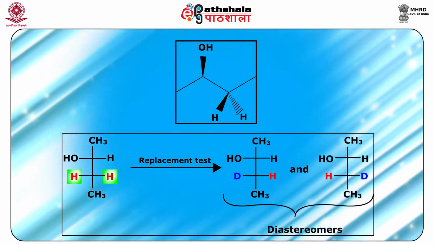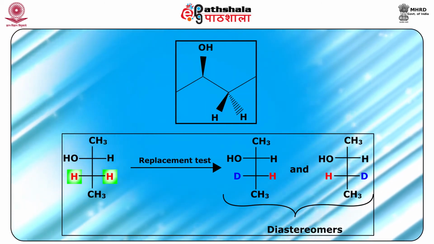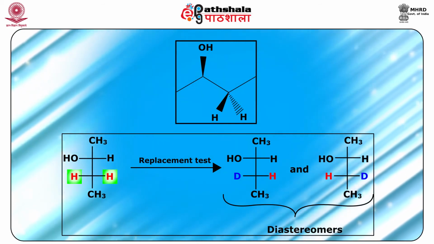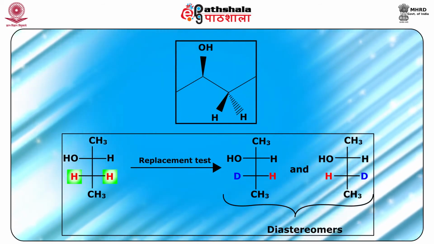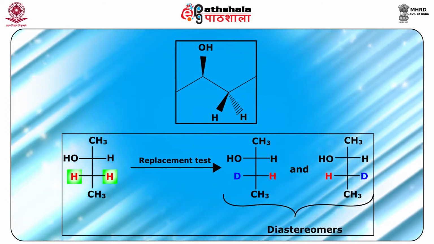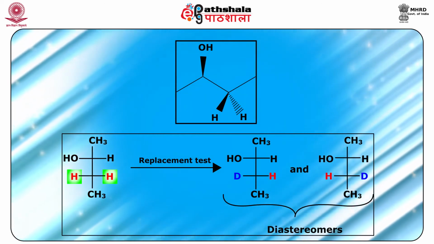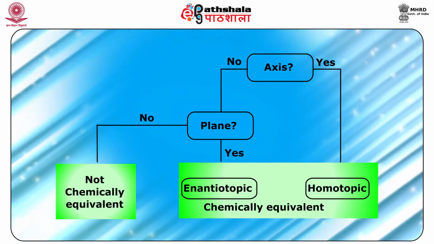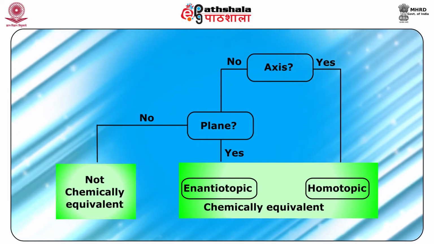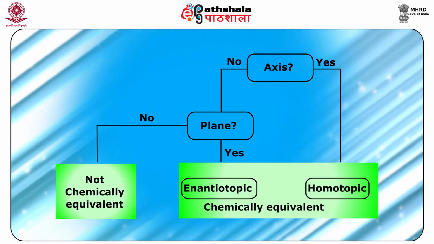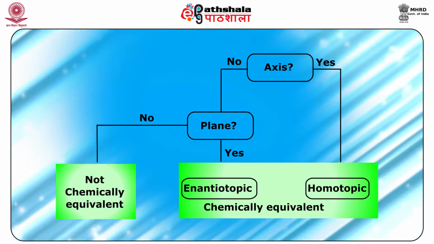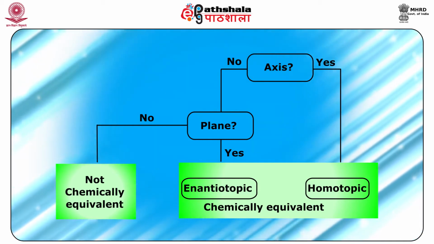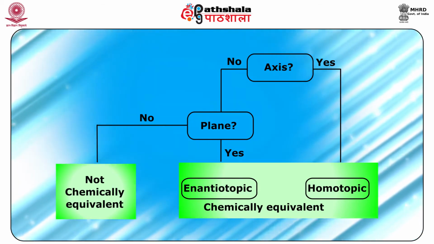Diastereotopic protons cannot be interchanged by symmetry, and this is the most important differentiating point between homotopic, enantiotopic and diastereotopic protons, students. This can be clearly seen and done by seeing this figure. Now we should note the following point. While determining the relationship between two protons, first determine if there is an axis of symmetry that interchanges the protons. If there is, then the protons are homotopic, whether or not there is a plane of symmetry.